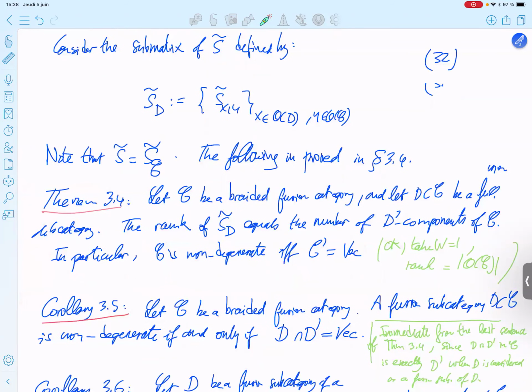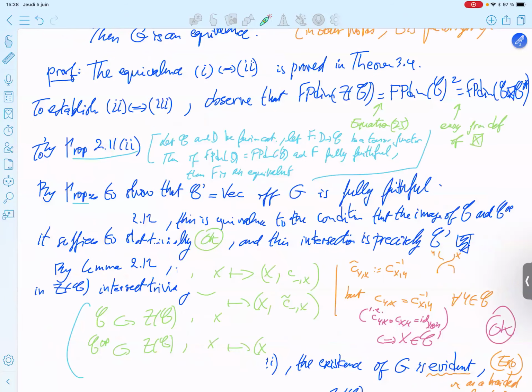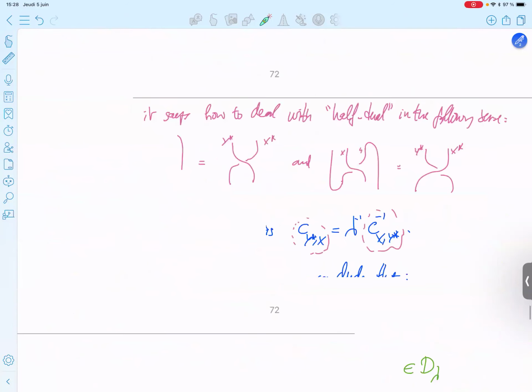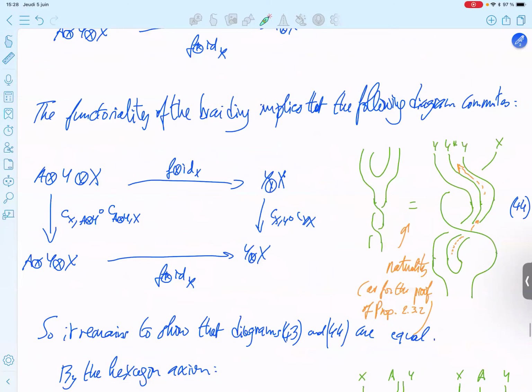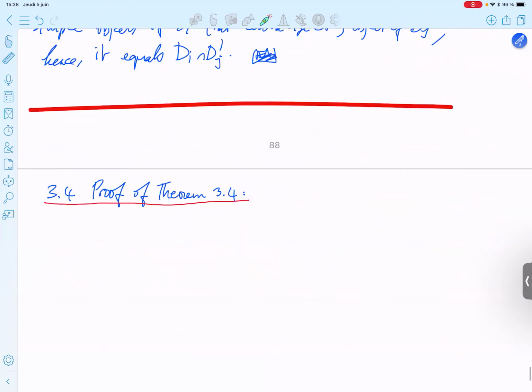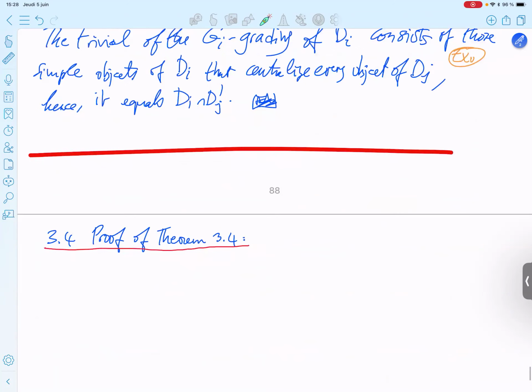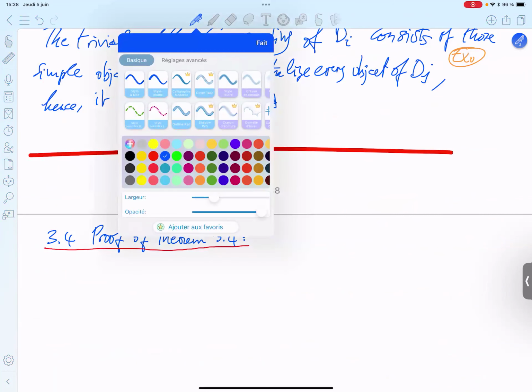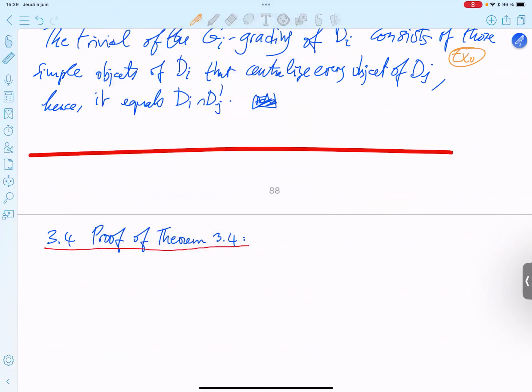So let me come back to the current part of the notes. We will prove that. I did not read it again because I will write it here.